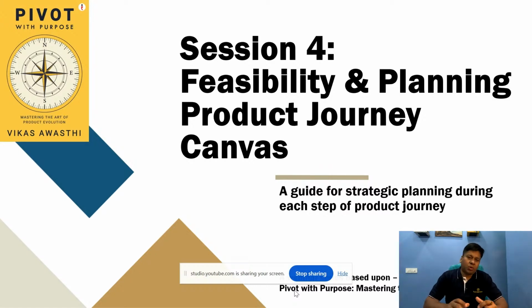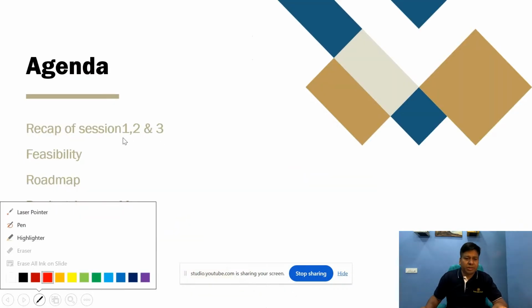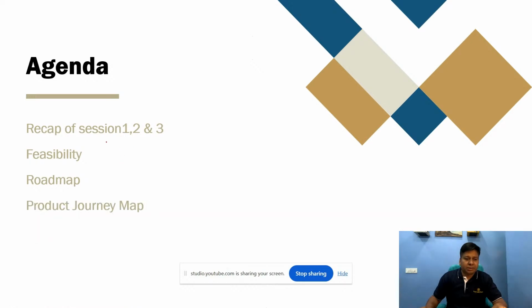See, what we have done in the previous sessions, let's have a quick recap. Let's start with the quick recap of sessions 1, 2, 3, and after that we will cover what we are going to cover in these two sessions. In Session 1, we discussed the foundation of product management, what lean and agile are, and what can be the founding block for a product which can thrive in the market.